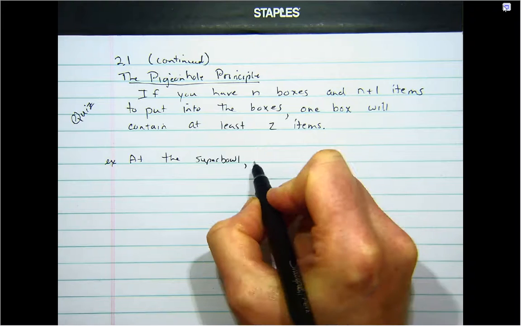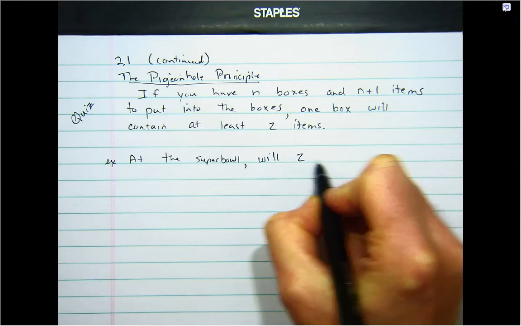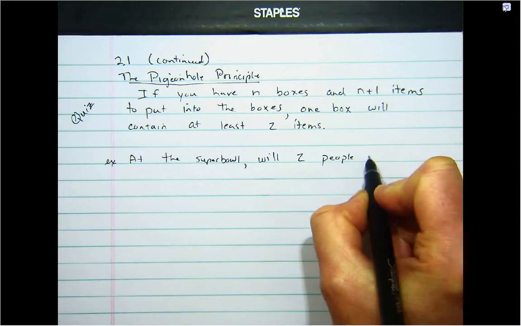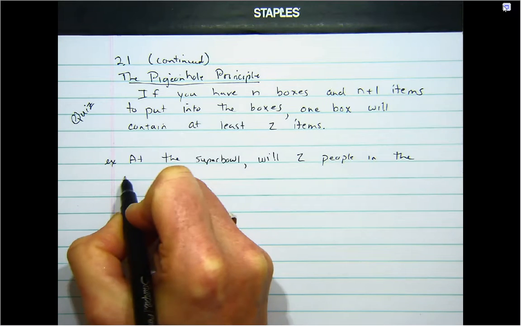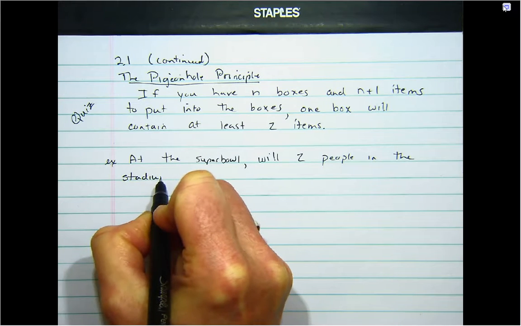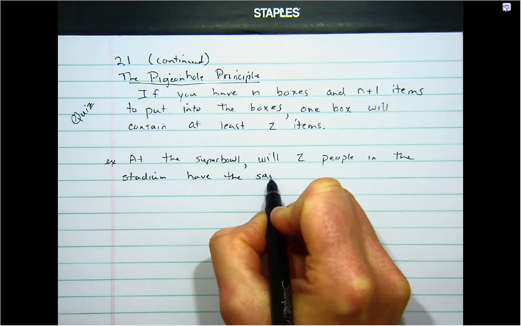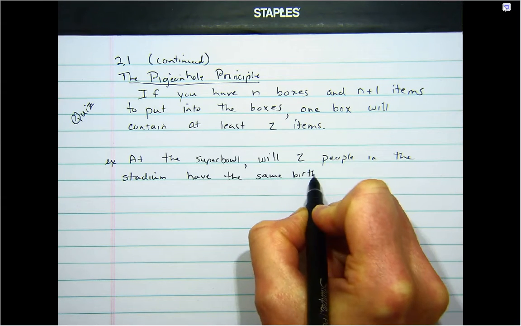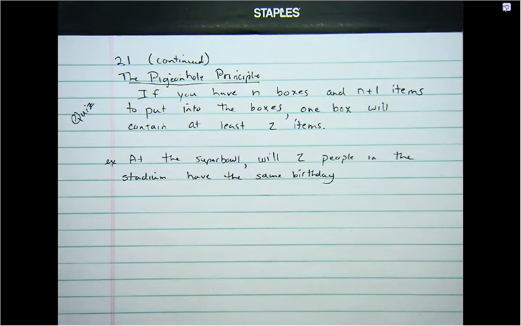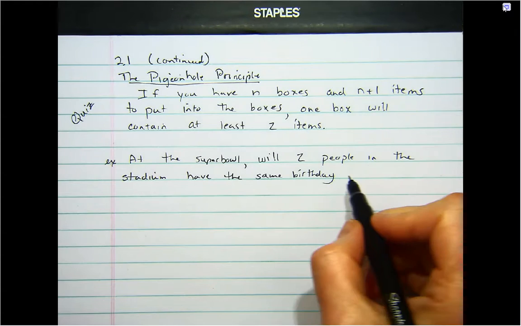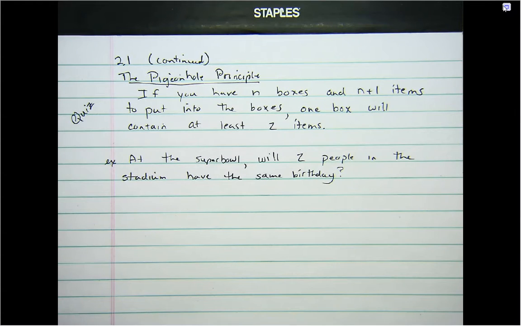So at the Super Bowl, will 2 people in the stadium have the same birthday? Okay, so I mean the same month and day, not necessarily the same year, but the same month and day. Will 2 people in the stadium have the same birthday? Yes, no, or cannot be determined?